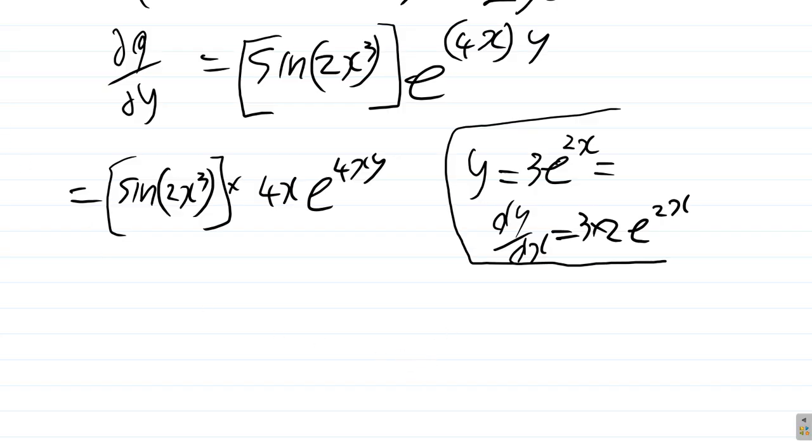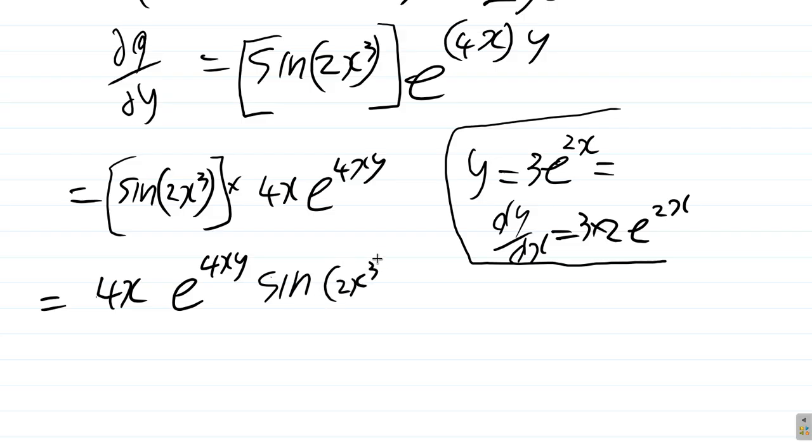When you put all of that together, let's put the 4x part in front, so you'd have 4x e to the 4xy times sine of 2x cubed.